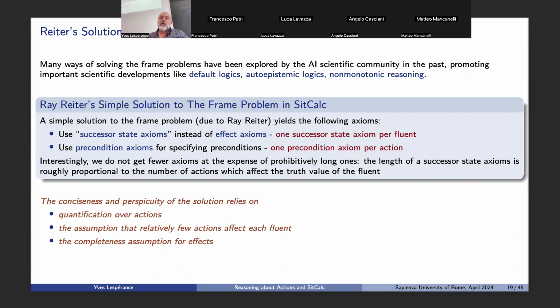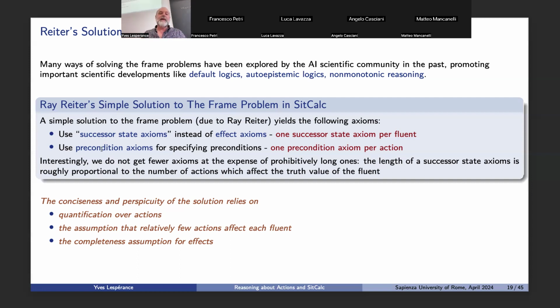So this is pretty compact. It means that you don't have these quadratically many frame axioms. You don't need the effect axiom anymore. You just have one successor state axiom per fluent.